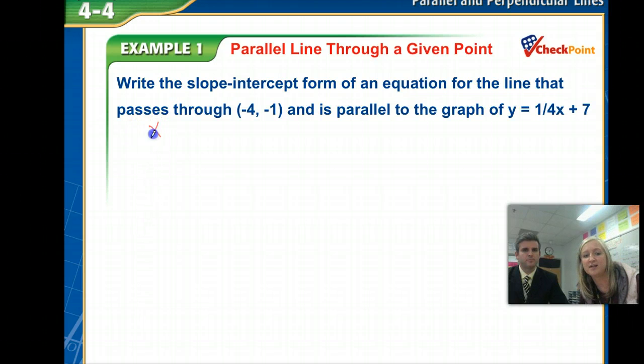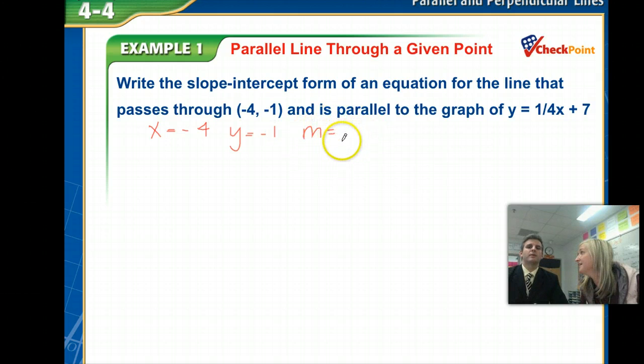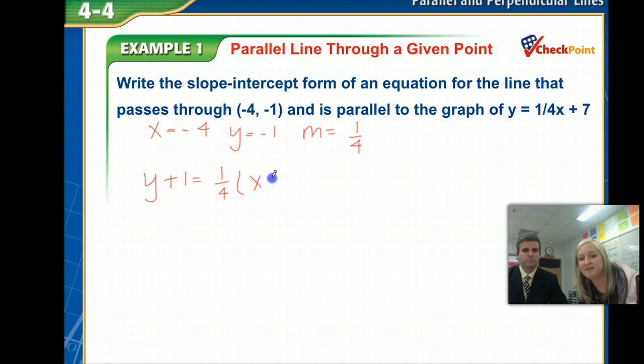So my x value is -4, my y value is -1, and my slope for this equation, if it's parallel, Mr. Van Scoy, would have to be? 1/4. 1/4 is correct. So again, point-slope form, y minus a -1 becomes y plus 1. My slope is 1/4 times x minus a -4, which becomes x plus 4. Again, now I'm just converting point-slope form to slope-intercept form.